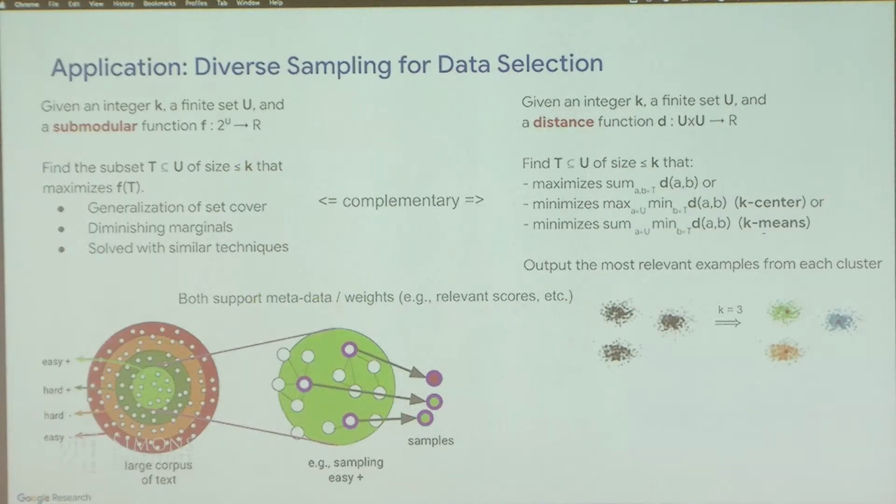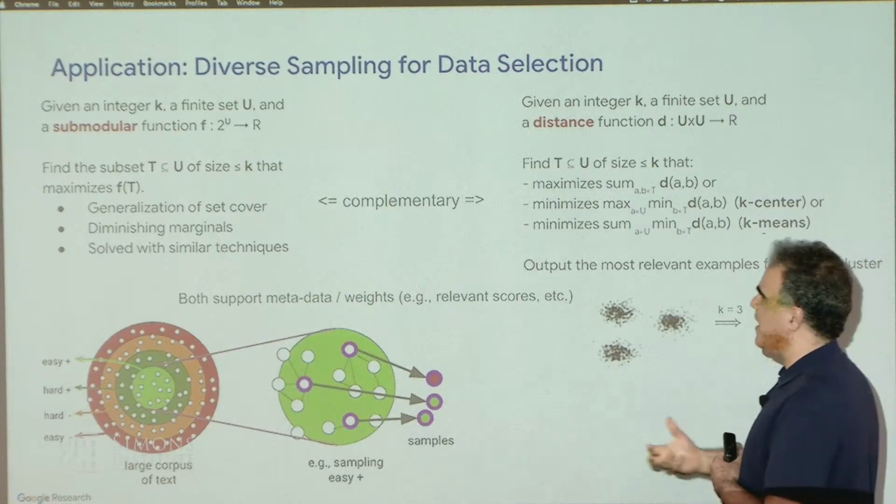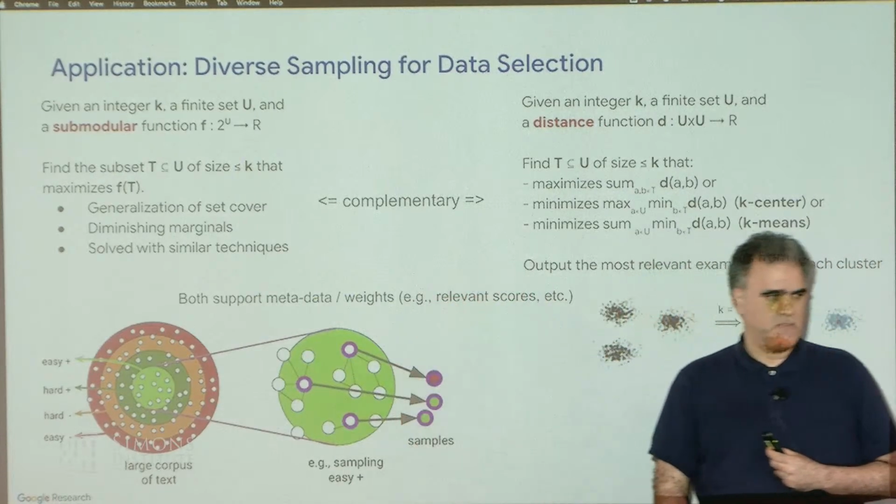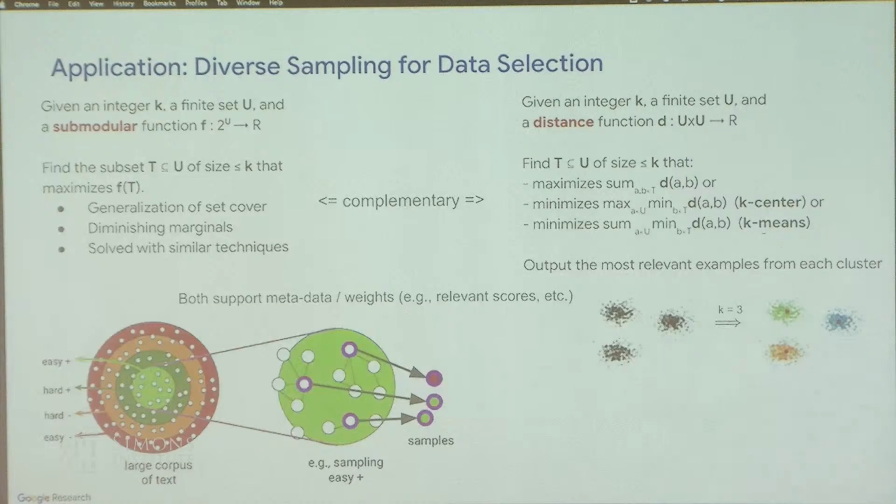So in diverse sampling for data selection, this becomes very handy, very important, because when we want to choose which subset of data to feed into a model, diversity is important. In addition to this type of subset selection, clustering and distance-based clustering, k-center, k-means, k-median, is also very handy and relevant.